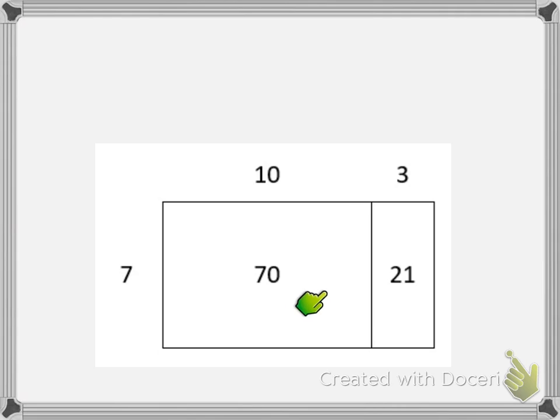So 70 plus 21 is 91. And we are dividing this by 7. So this was the original problem that they wanted us to create an area model that looks like this.